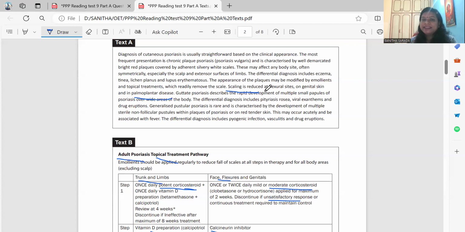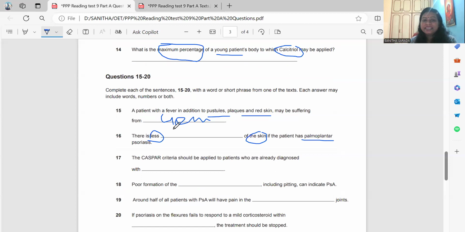Scaling is reduced on genital skin and in palmoplantar disease. So scaling, what is the answer here? There is less, reduced scaling of the skin if the patient has palmoplantar psoriasis. Okay, got it? There is less scaling.